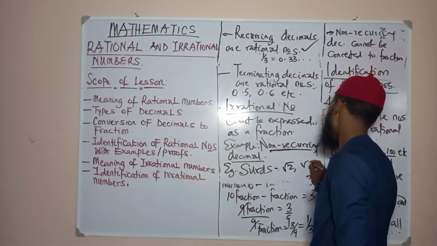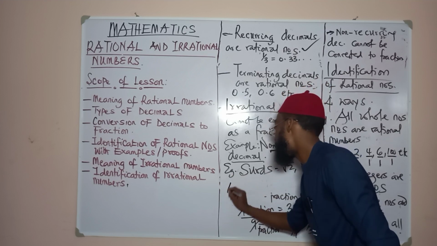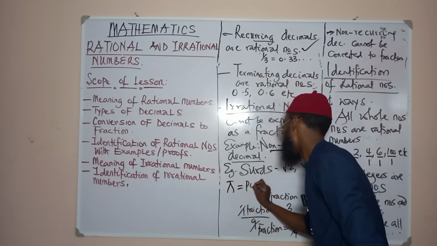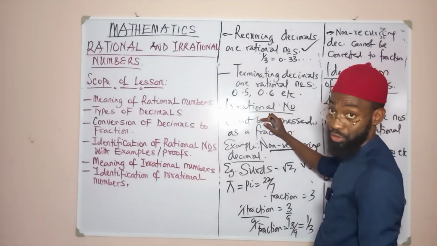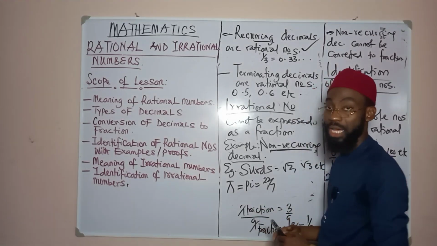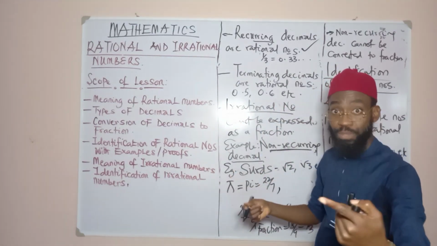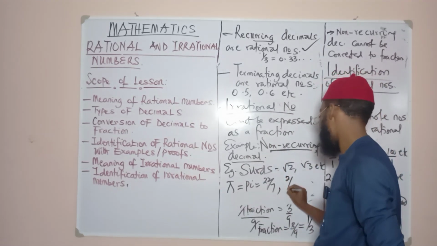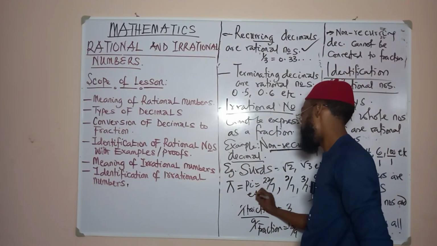Root 2, root 3, etc. And don't forget pi, which is commonly approximated as 22 over 7, also falls into this category of irrational numbers. So irrational numbers are numbers you cannot express as a fraction. Their digits do not repeat, and they have no end.